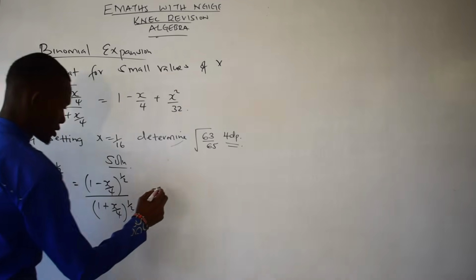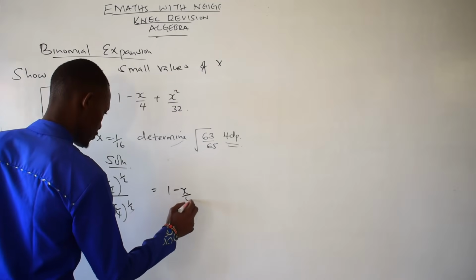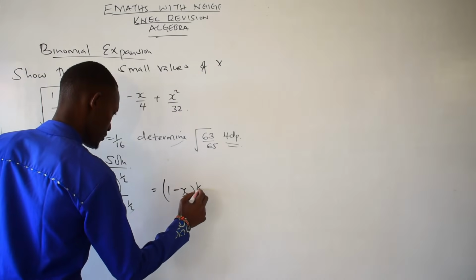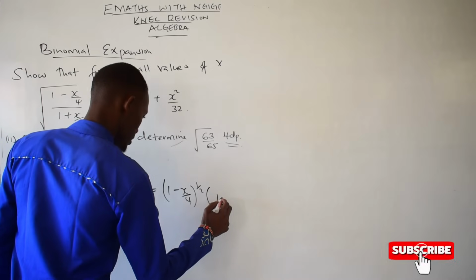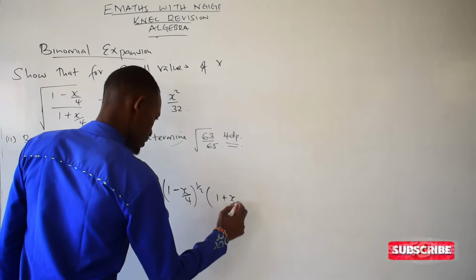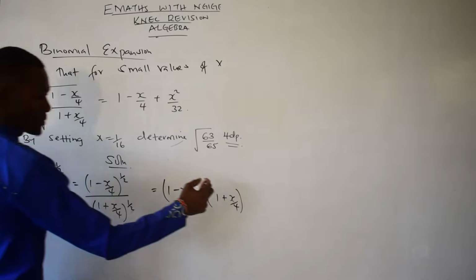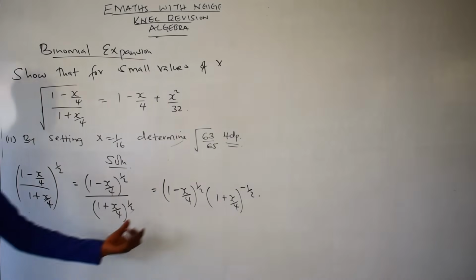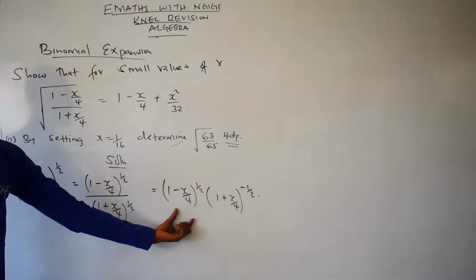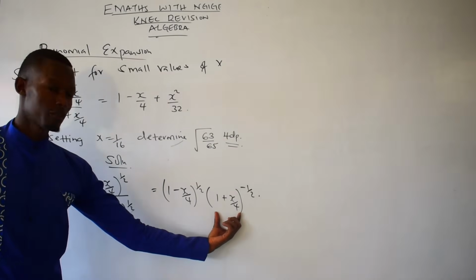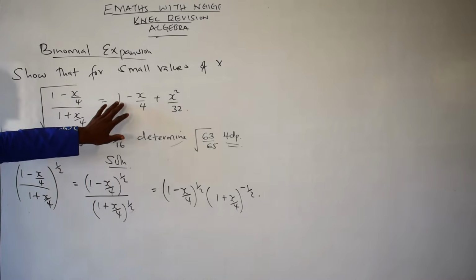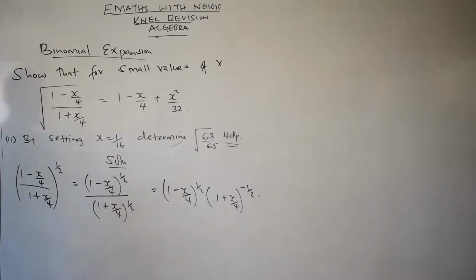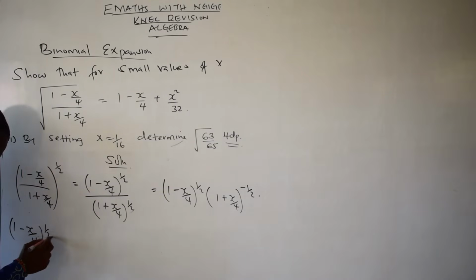So you shall have 1 minus x over 4 to the power a half, then 1 plus x over 4, and since this one was a half, it becomes negative a half. So by the end of the day, we're going to be finding the expansion of this, then we shall multiply by the expansion of this to see if it really gives us the expansion we have there. So we start with 1 minus x over 4 to the power a half.